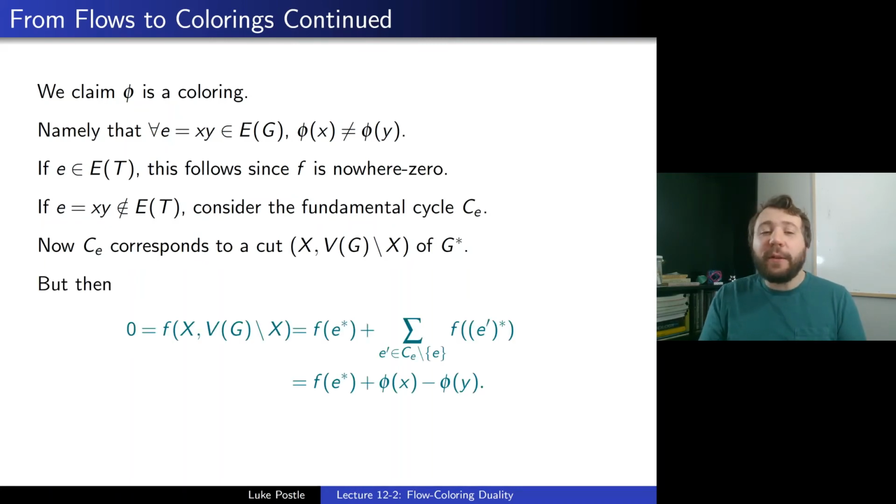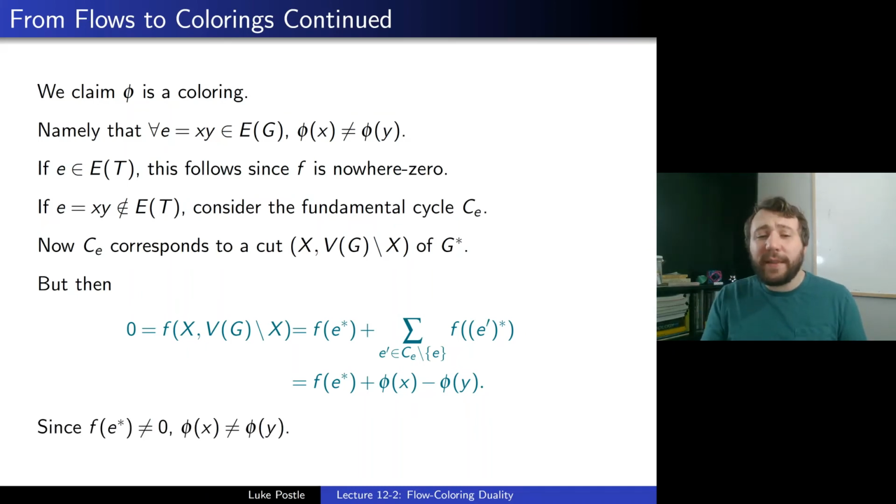And so what you can do is you know that the flows across the cut must net to 0. And you can work out that that's the flow of e star plus the sum of all the other edges from the fundamental cycle. Those ones actually were used to define the coloring. So if you work through those and you cancel along that path, it turns out to be phi of x minus phi of y if I take the directions correctly.